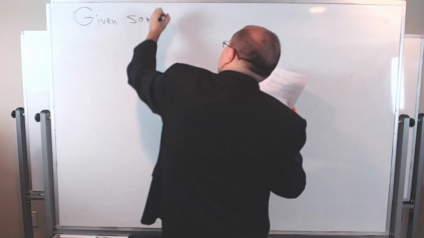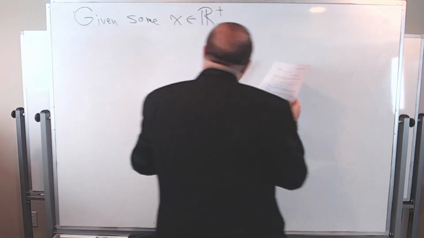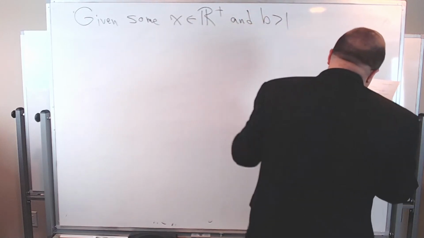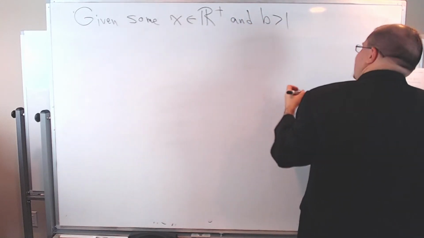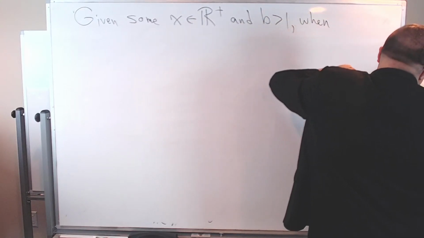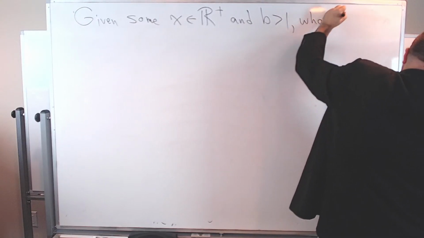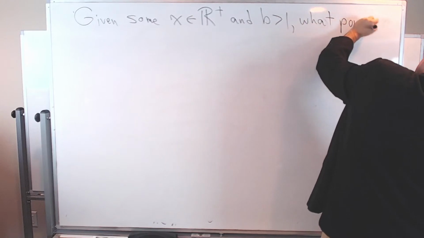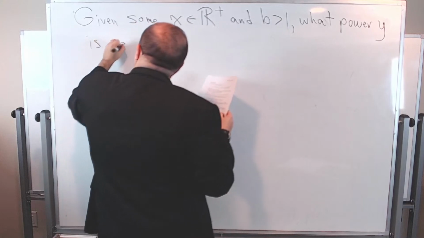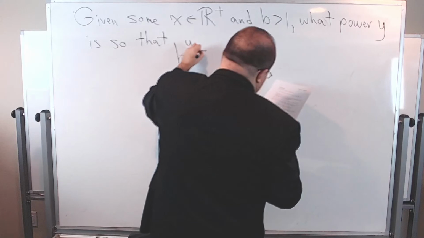So given some positive real number x, and b greater than 1, which I'll just assume is some positive real, but typically we use it as an integer or a rational, what power y is it so that b to the power y is equal to x?